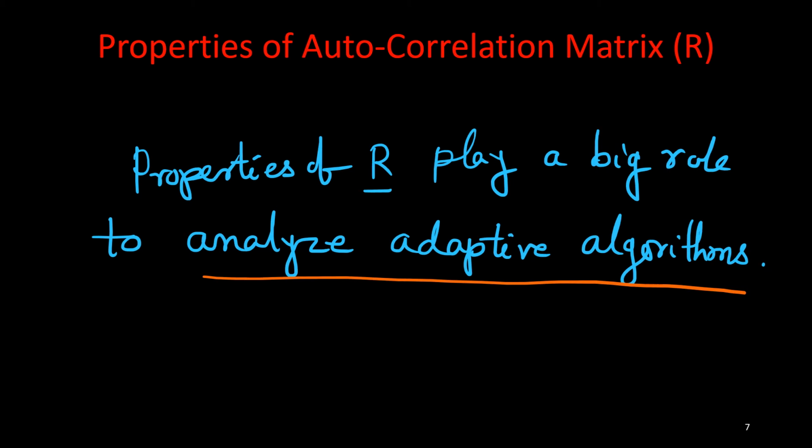We'll see that in all adaptive algorithms, including least mean square, NLMS (normalized least mean square), or recursive least square, RLS, whenever you take an expected operator with Wn, or the variance, or if you want to compute the mean square error, you will find this R matrix in between.